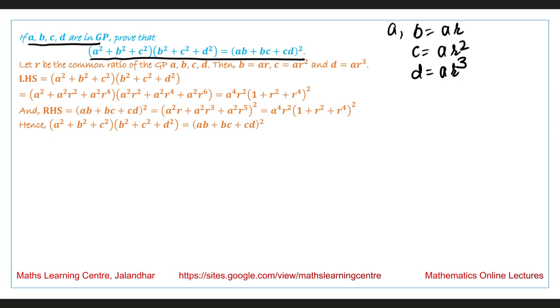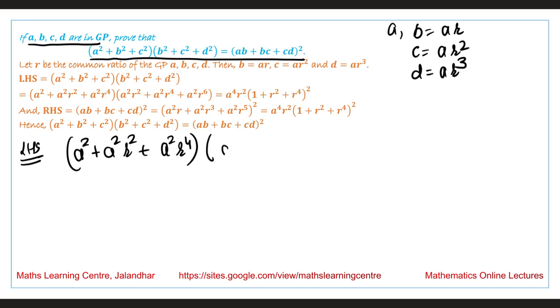Now if we substitute these values, I am talking about the left hand side, we will get A square plus A square R square plus A square R raised to the power 4, into A square R square plus A square R raised to the power 4 plus A square R raised to the power 6.